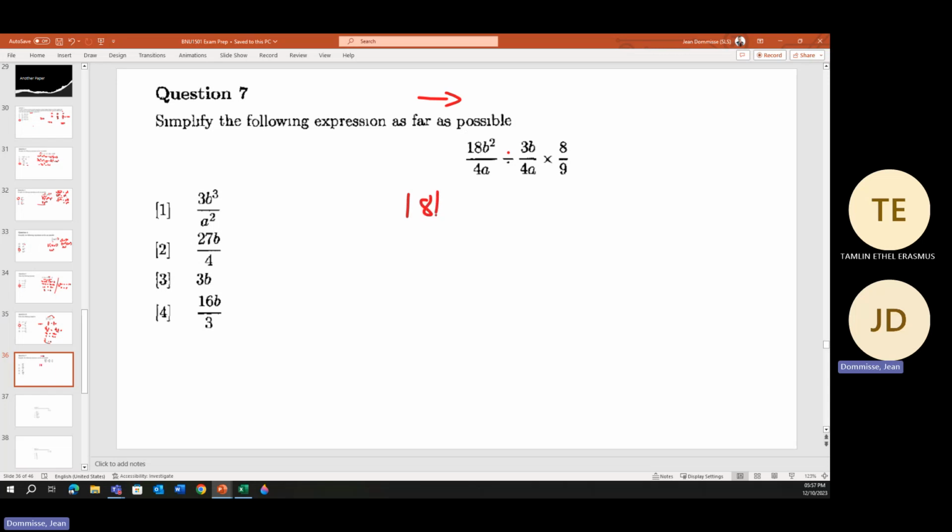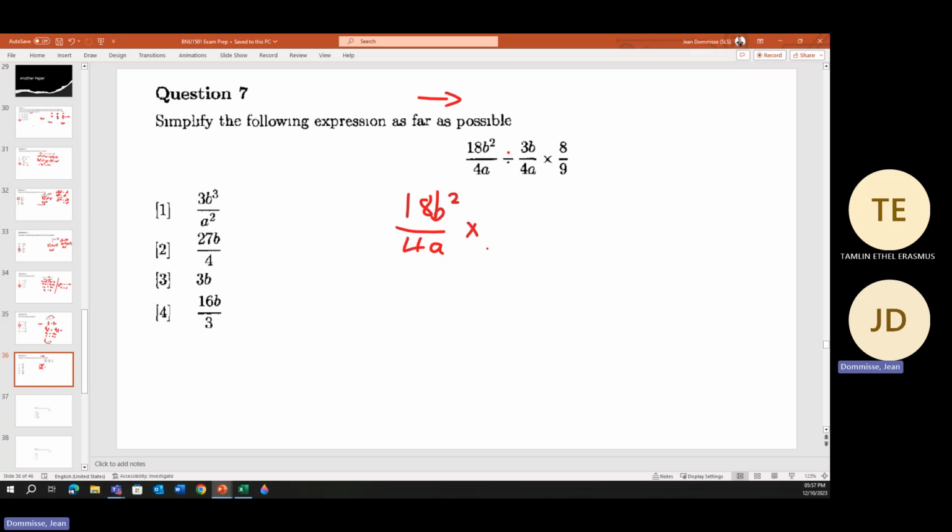So 18b to the power of 2 over 4a. We need to remember to use the divide by. We can just use multiply, but we need to swap it around.